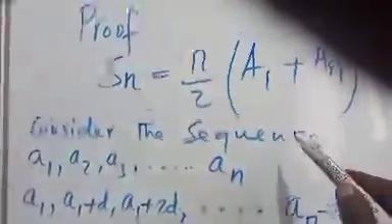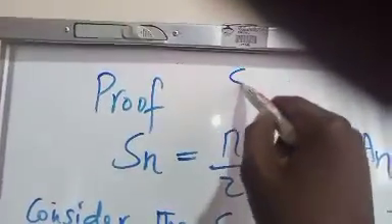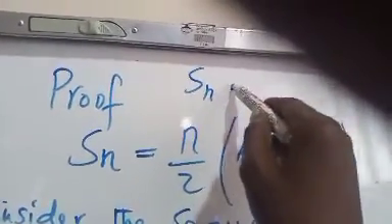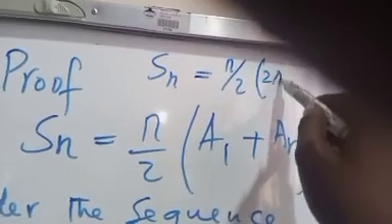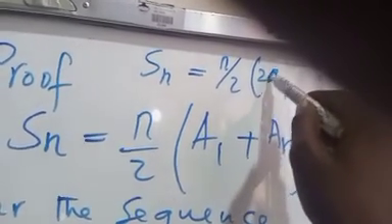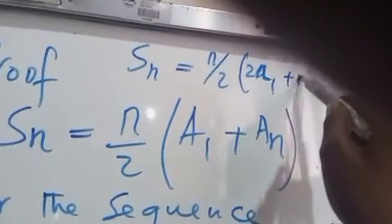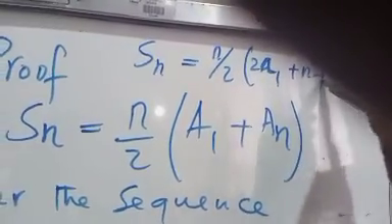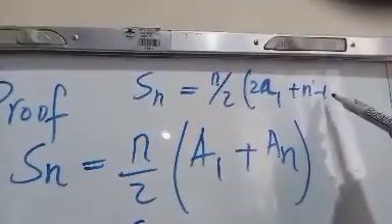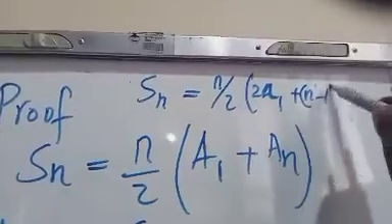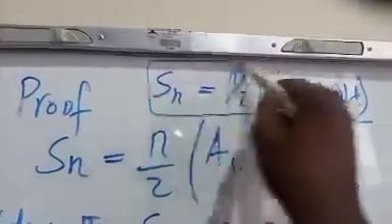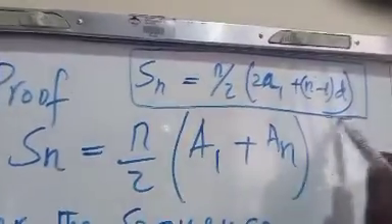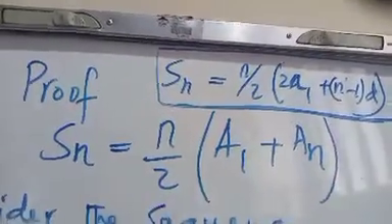So the simplified formula is Sn equals n over 2, open bracket, 2a1 plus n minus 1 bracket d.